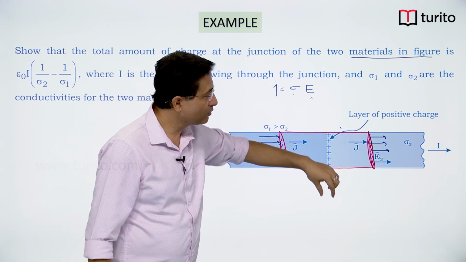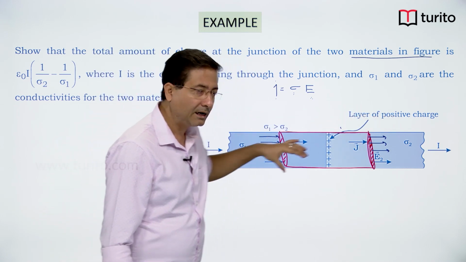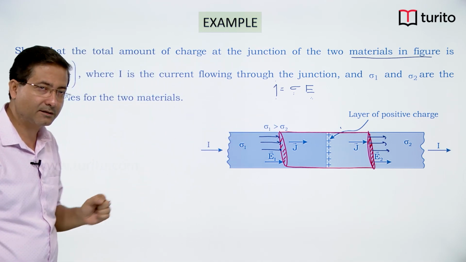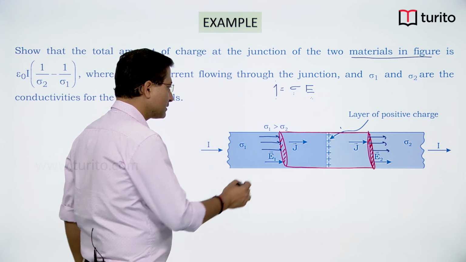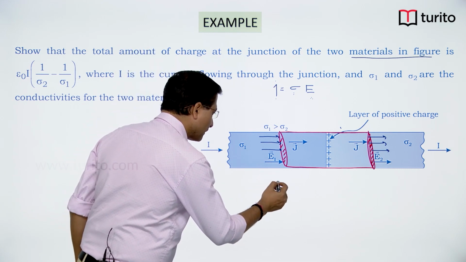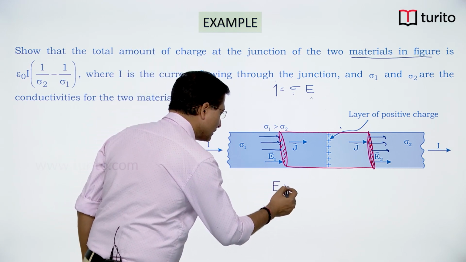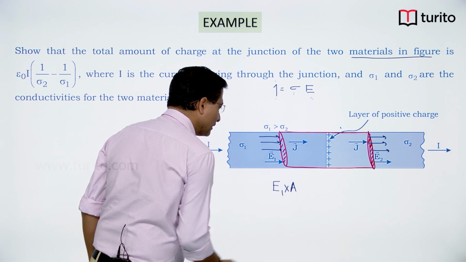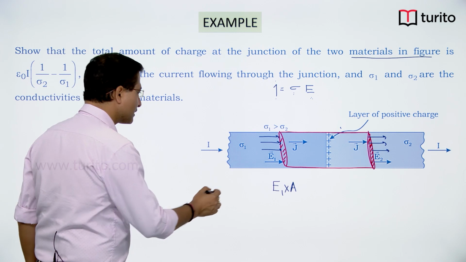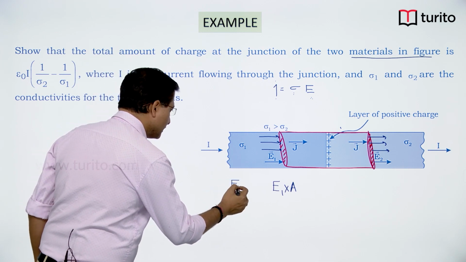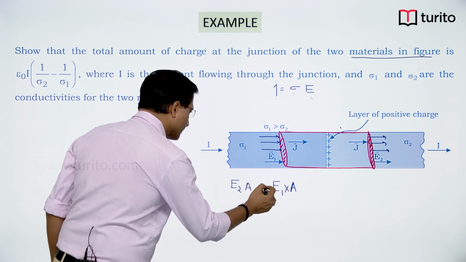So flux coming out will be more and flux entering will be less. What is the net flux? Field into area: E1 into A is what is getting in, and E2 into area is what is coming out.